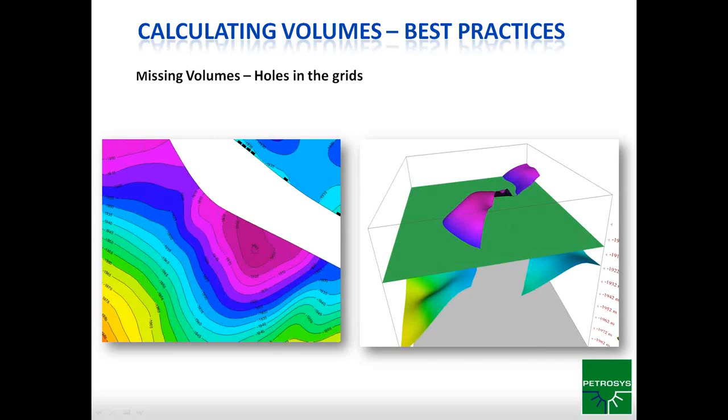We're going to discuss best practices on how to get those z-values filled in, but in short, you should never run volumes before you get all of these blank areas filled in, particularly over your fault wedge zones. Again, if you don't see color filling on your 2D map, you will not get any volumes calculated over those areas. All right, so you don't want to see this before you calculate volumes.